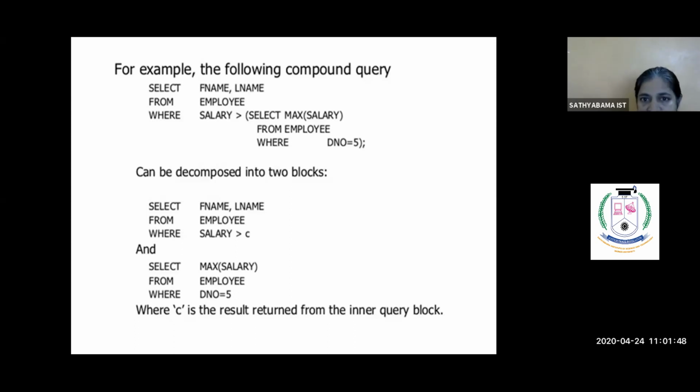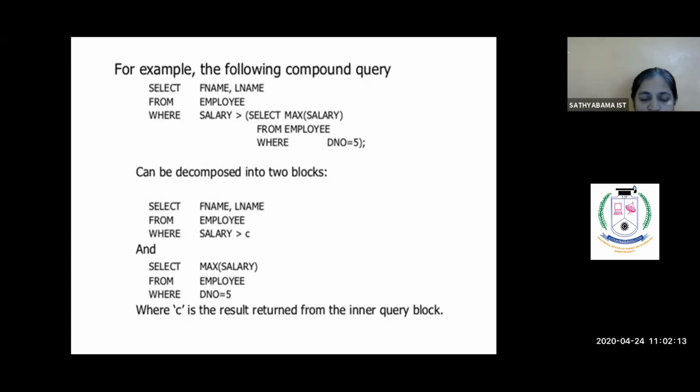This would be one query block. The output of that inner query will be given as input to the outer query. So in this query, we have two query blocks. One is the inner query block, the other one is the outer query, which is also considered as one query block.